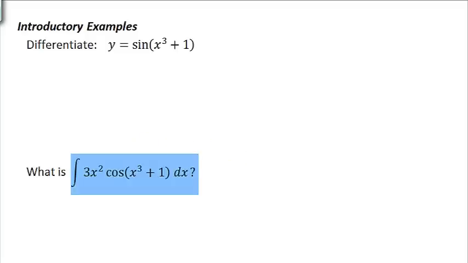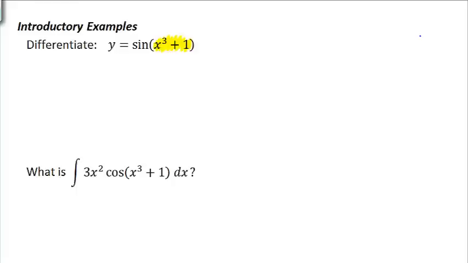All right, let's start out with this introductory example to get us understanding why we need to do U-substitution. So if we take this derivative here, this is something we would have to use our chain rule for because it's a composed function, sine of some stuff. The stuff is x cubed plus 1.